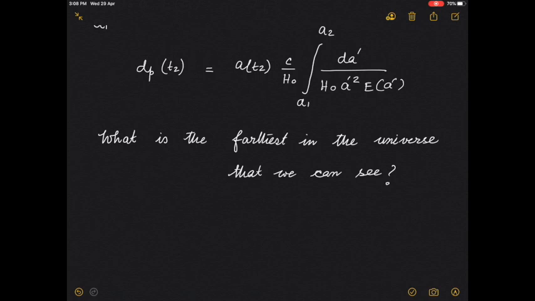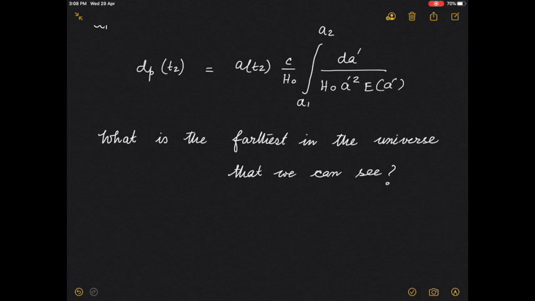Can we see to the infinite distance in the universe? If there is a light ray coming from an infinite distance, can we see? Or does the universe, or this type of cosmology, limit our observable universe to a certain limit?